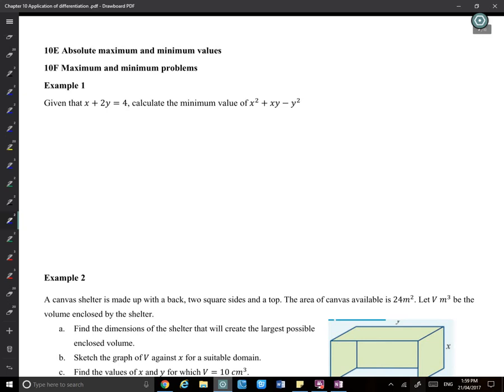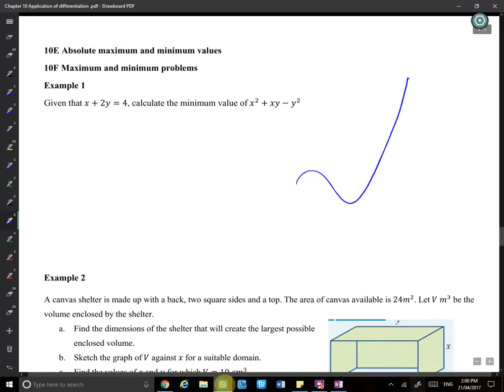For this type of question, the problem we have in this chapter is that when you see wording questions that give you an equation, you don't know whether the turning point is the real maximum point or the end point is the real maximum point. Okay, so you have a graph like this.